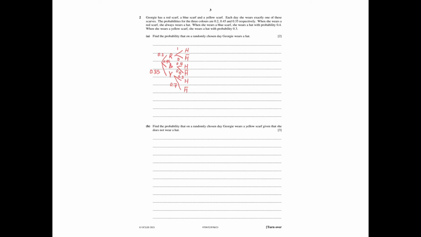Now part A. Find the probability that on a randomly chosen day, Georgie wears a hat. So we are looking for the probability for hat. If you look at the tree diagram here, we can understand that the probability of hat is basically the first route, the third route, and the fifth route.